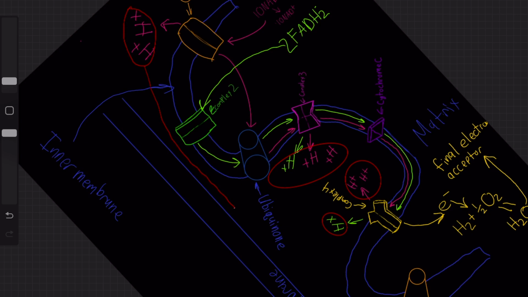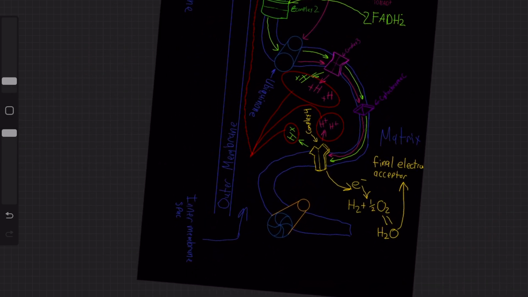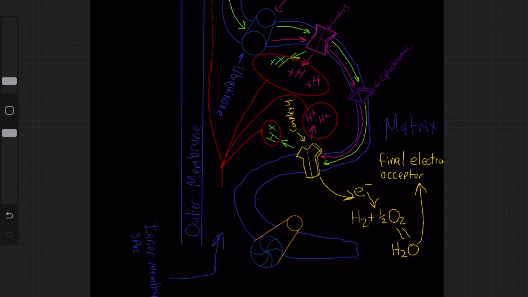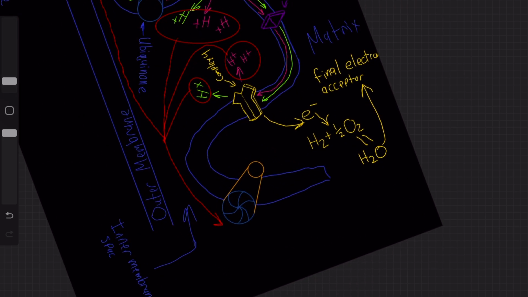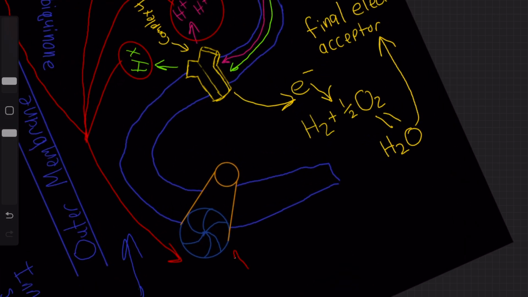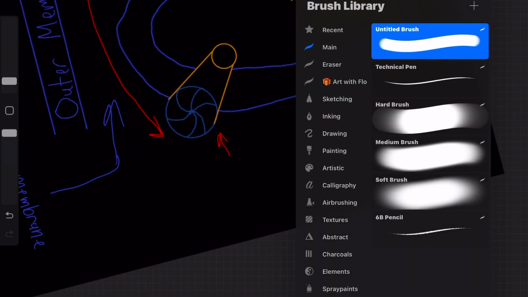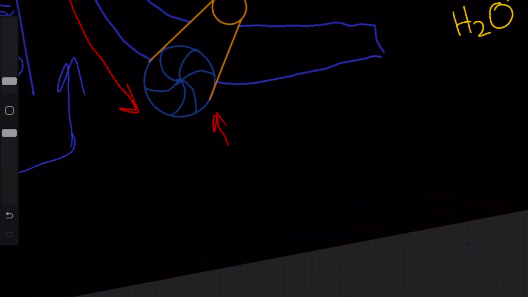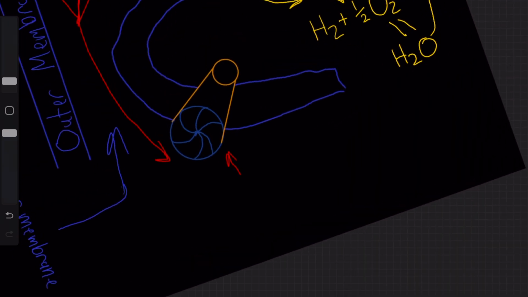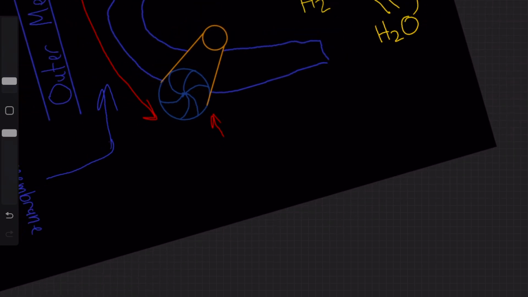So I'm going to bring them all together over here in one big group, into this one spot right here. Now, why over here? This is what we call ATP synthase. The actual blue and orange molecule here, or whatever I drew, is going to be called ATP synthase.